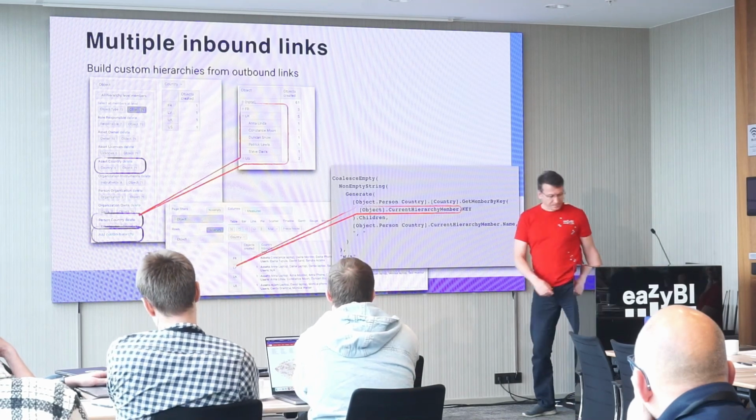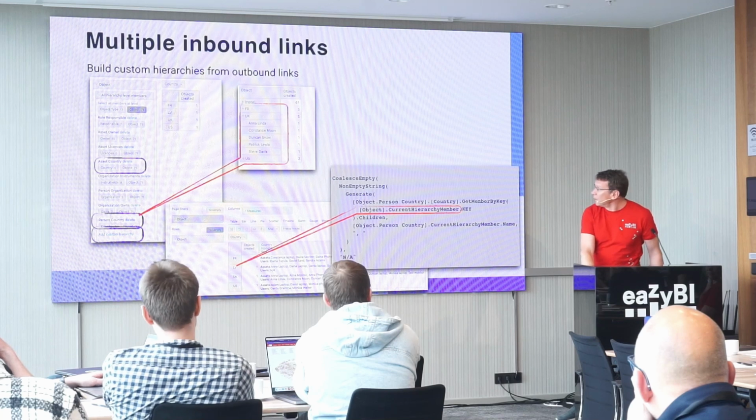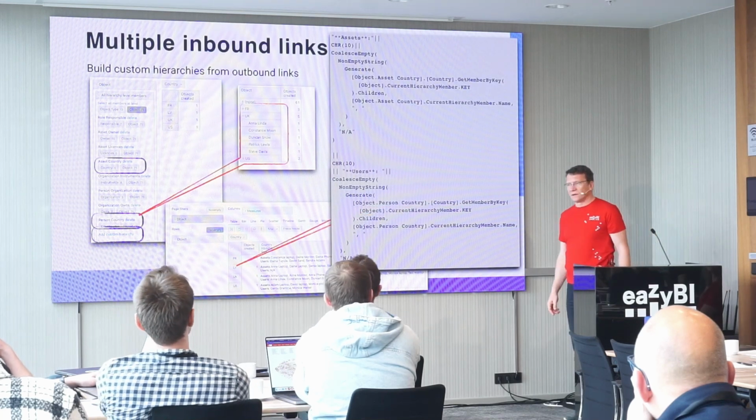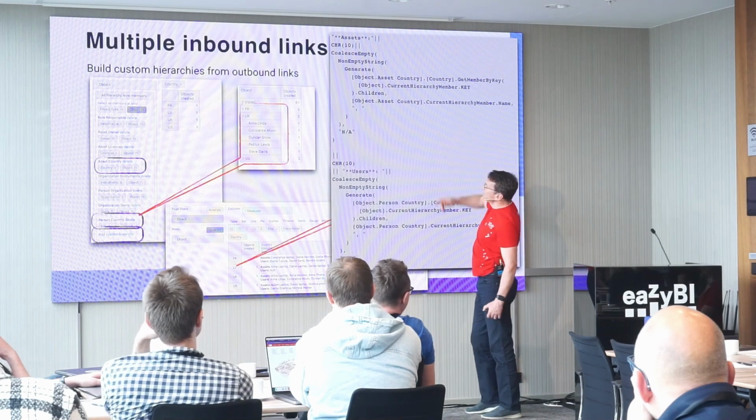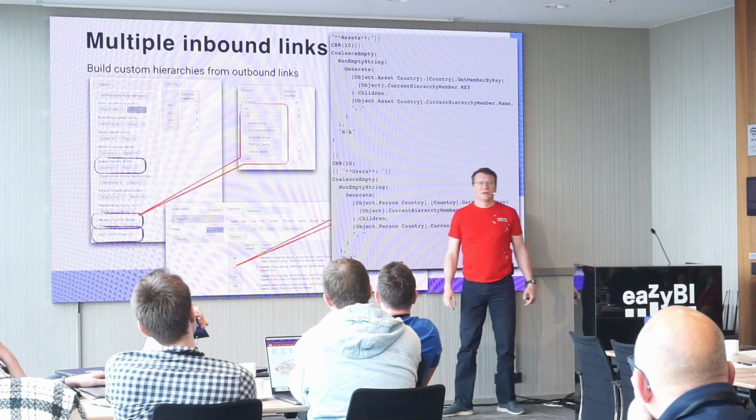Actually, we'll need two similar fragments, for person country and for asset country. There is an additional feature here.